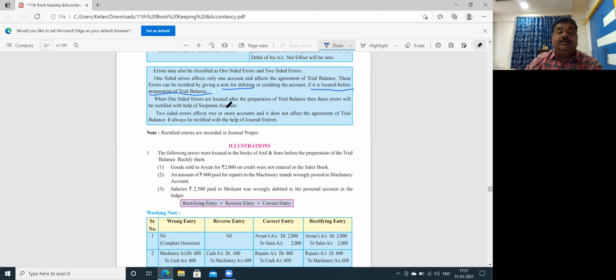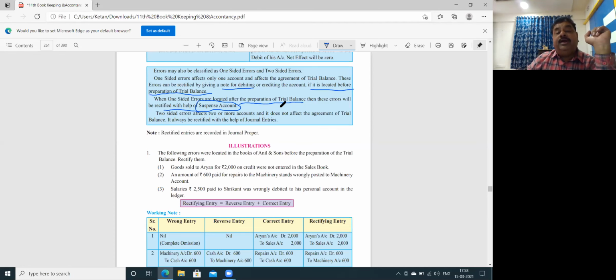When one-sided errors are located after the preparation of trial balance, very important, then the errors will be rectified with the help of a special account called suspense account. Before preparation of trial balance, no entry; write that, and further you write only salary account debited.